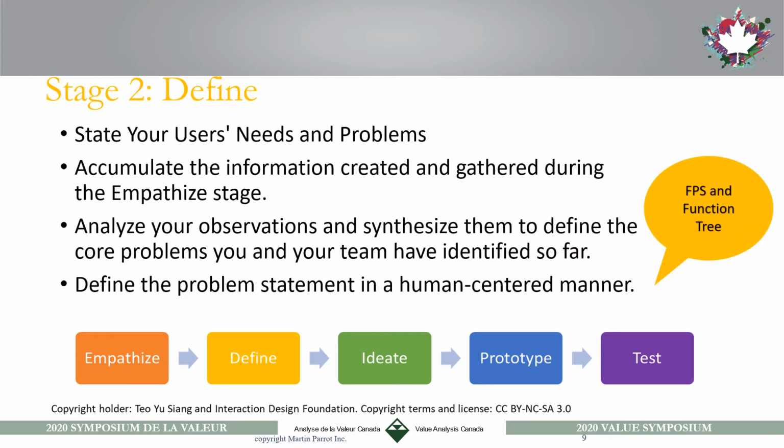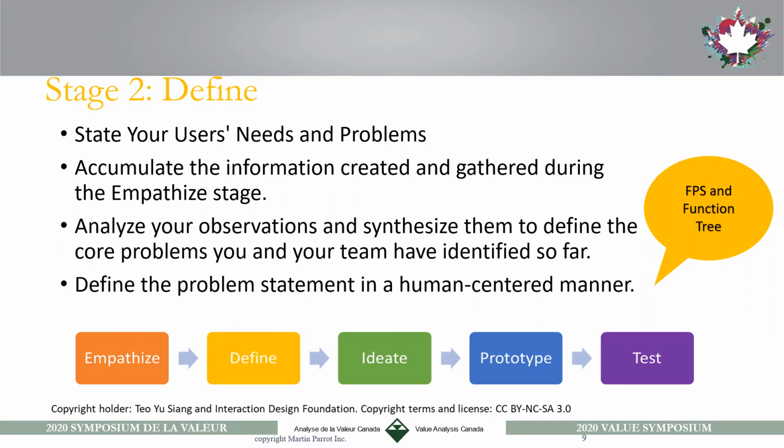Stage 2 is define, where you state your users' needs and problems in a way that you can use this information. So you accumulate the information during the empathize stage, and now you define it in a way that you can use it for problem solving. You analyze and synthesize all those observations or discussions to define the core problems with your team.